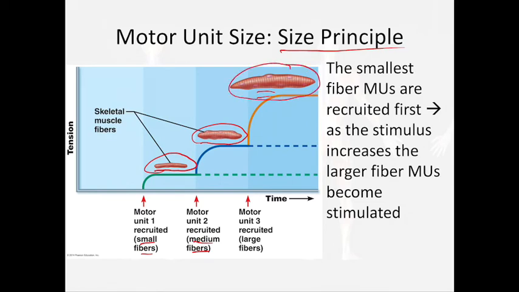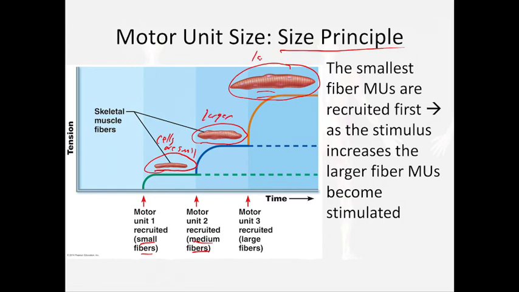So with that low intensity stimulus, we're not producing a lot of force because we're not using very many muscle cells and very many motor units, but also because within those motor units, the cells are small. And then as the stimulus strength gets stronger, the cells get larger.